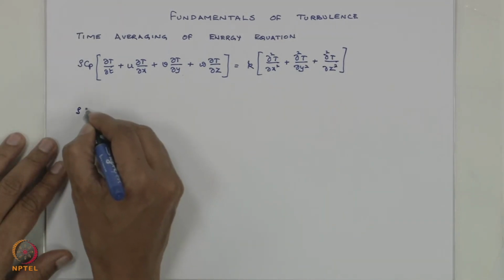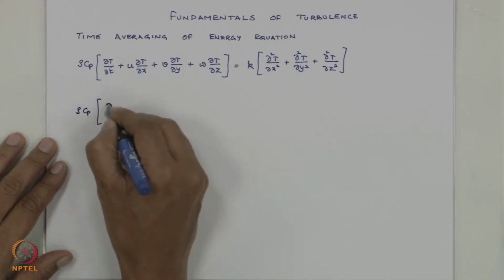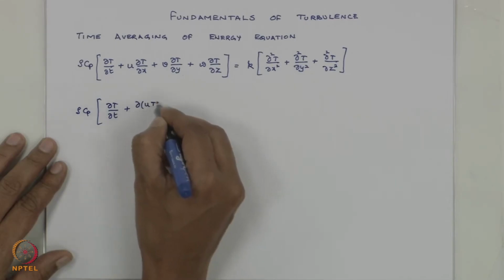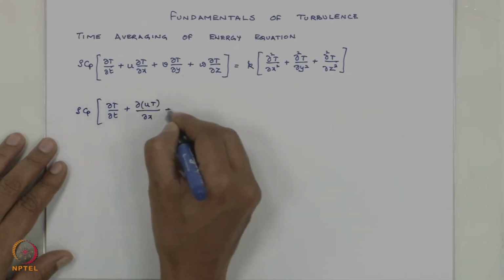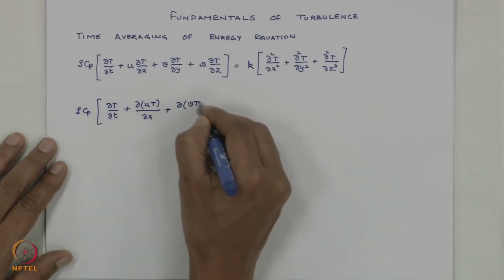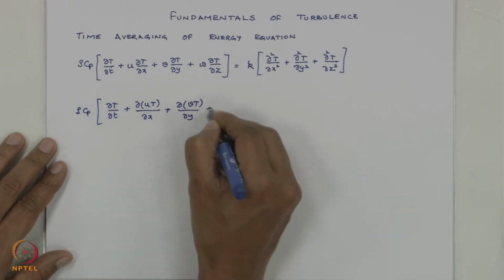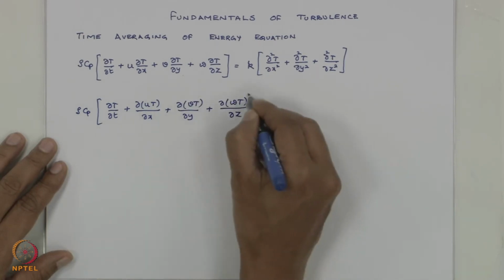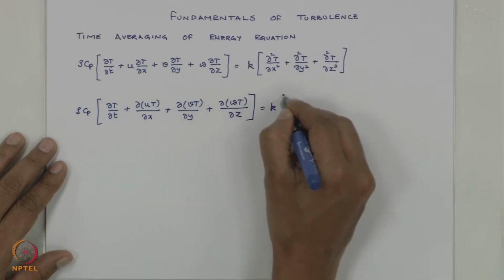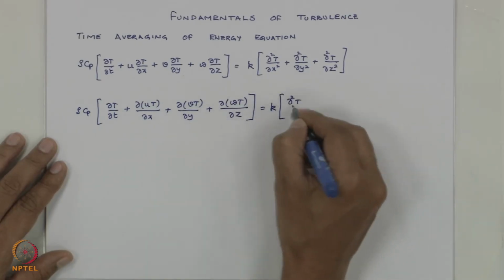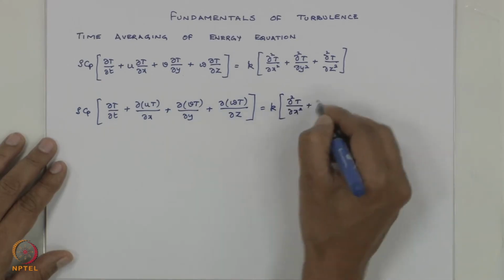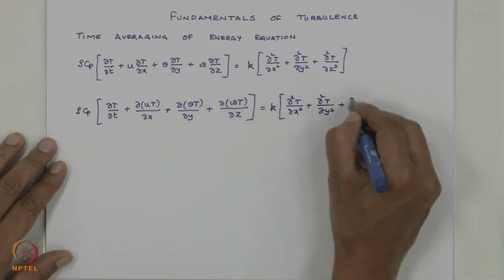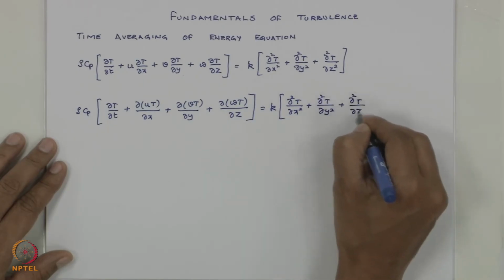So rho Cp into del T by del t plus del of uT by del x plus del of vT by del y plus del of wT by del z is equal to k into del squared T by del x squared plus del squared T by del y squared plus del squared T by del z squared.